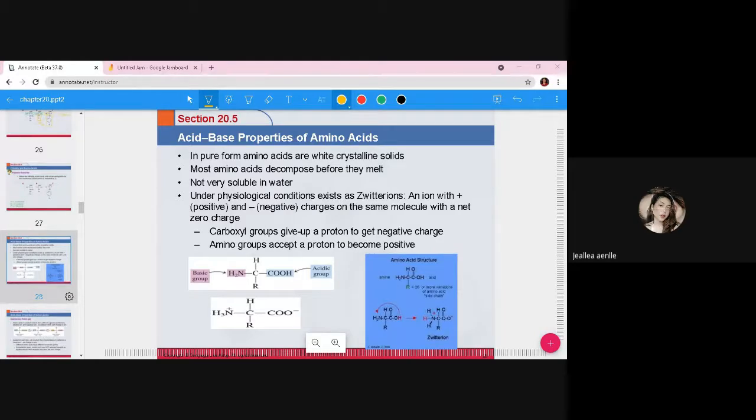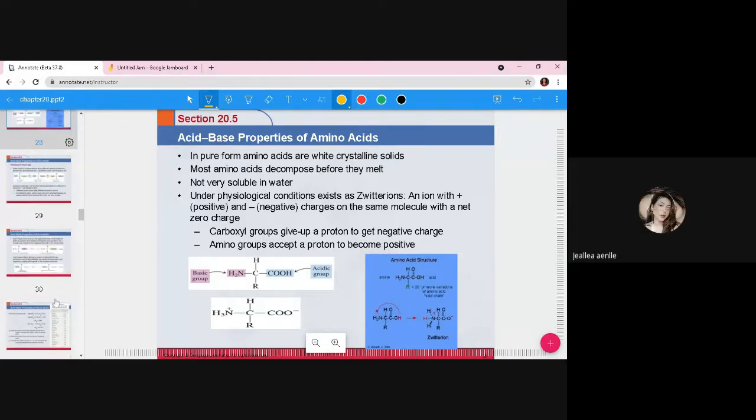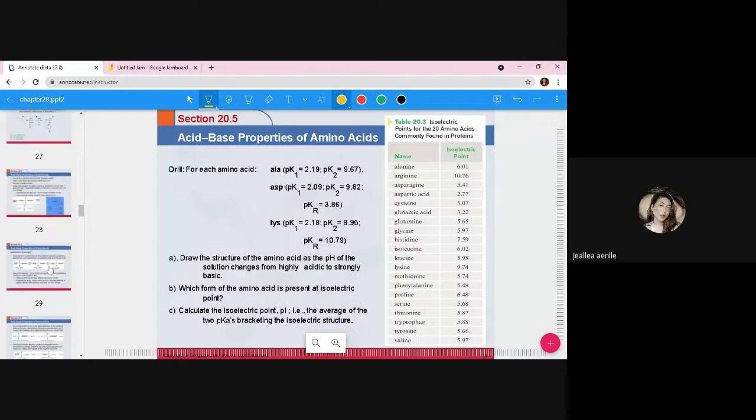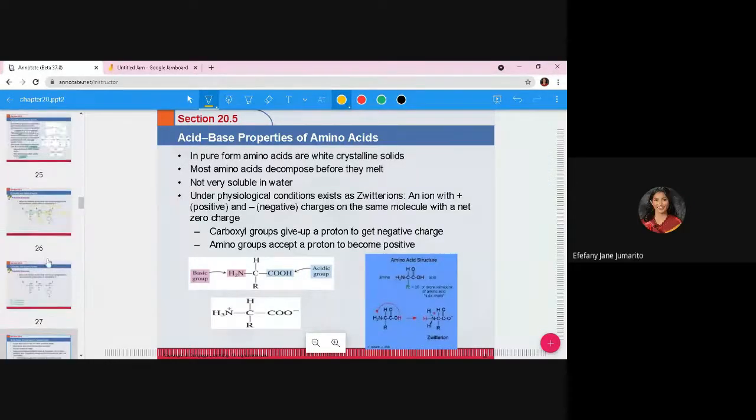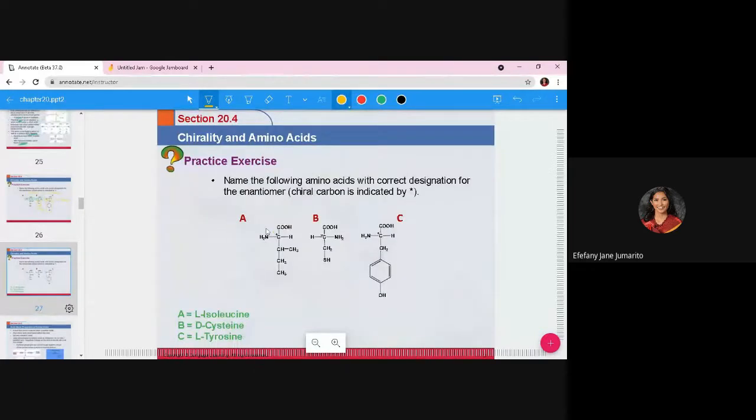We look at the location of your NH2. If the NH2, the amino group, is on the right side, then it is the D isomer. If it is on the left, we have the L isomer.